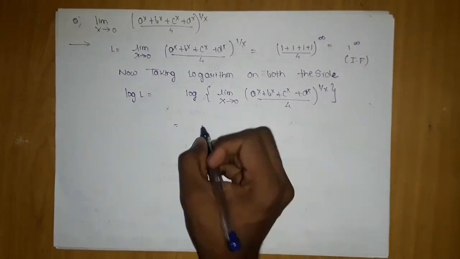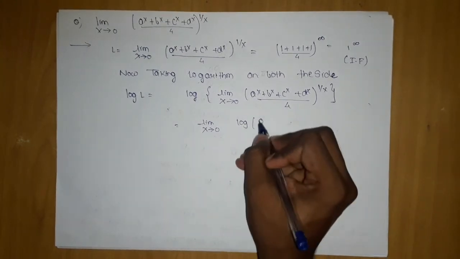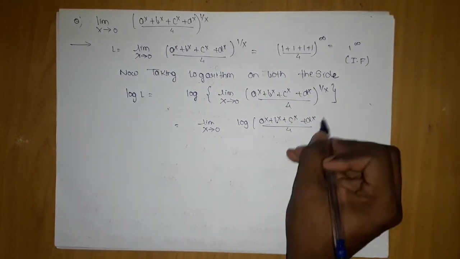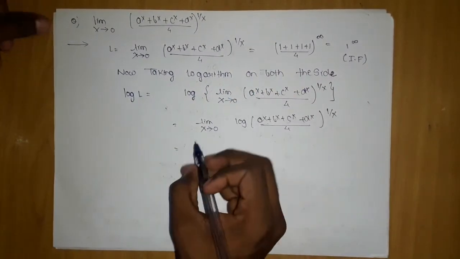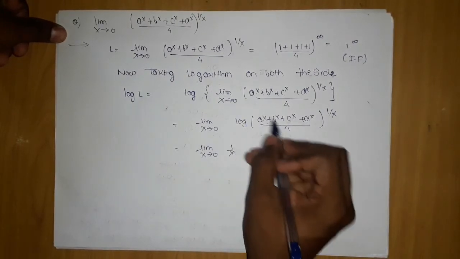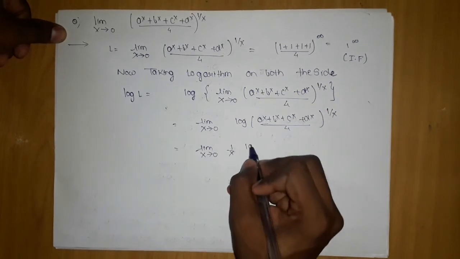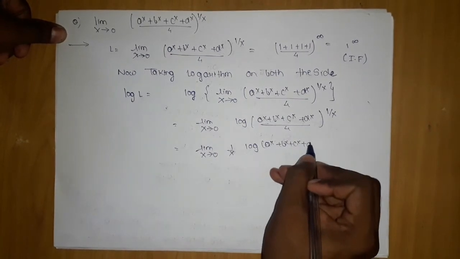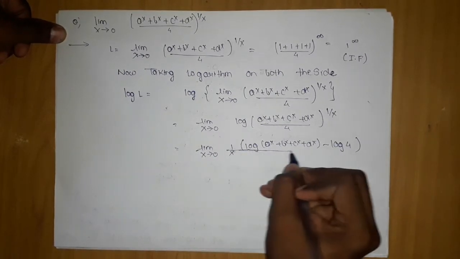After this step, you will move the log inside. Now you will bring this power here using log property and use the log a by b equals log a minus log b property of logarithm, which will give you log of (a^x + b^x + c^x + d^x) minus log 4, the whole upon this x.